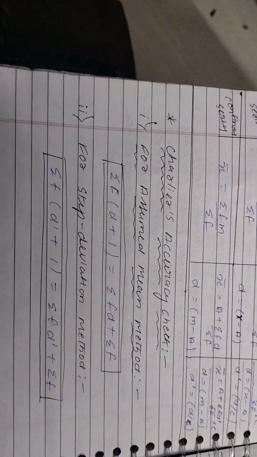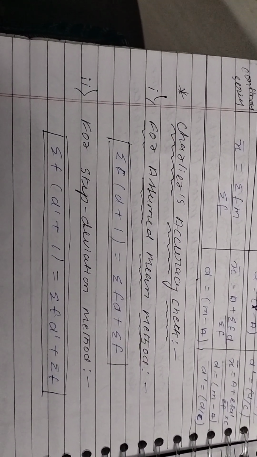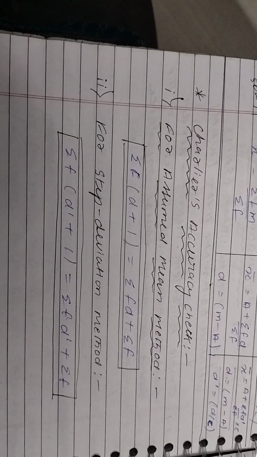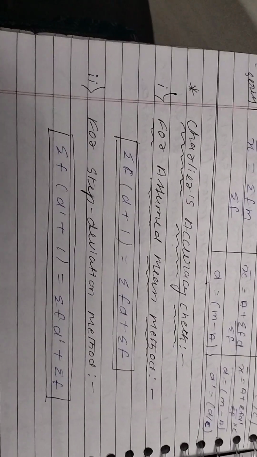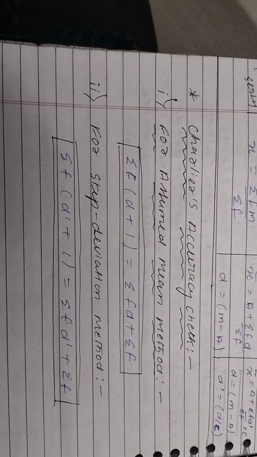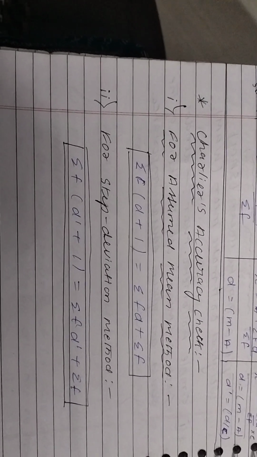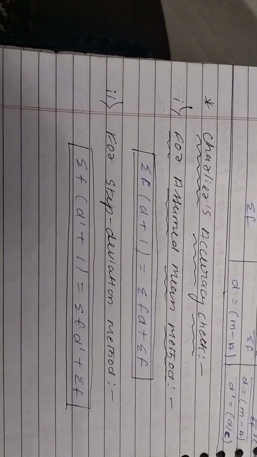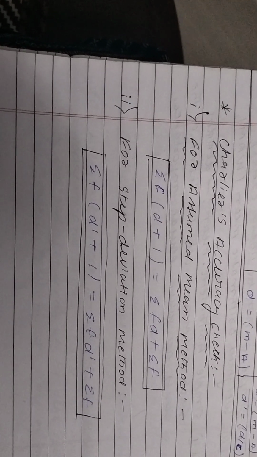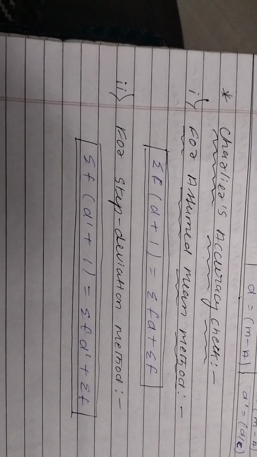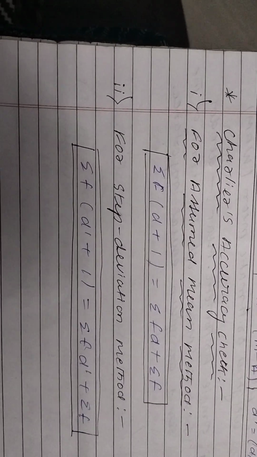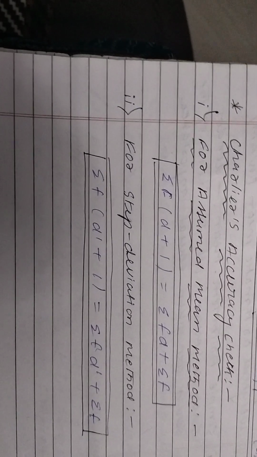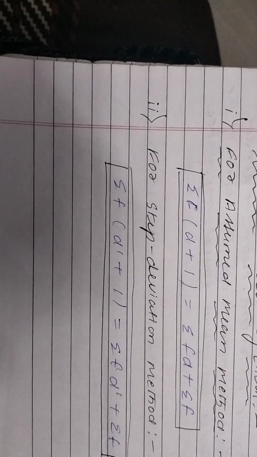Okay, so if you have doubt whether your solution is right or wrong, you can also check by the Charlier accuracy check. Here for the assumed mean method, summation f(d+1) is equal to summation fd plus summation f. It is the same, as you can see that the left side, if you simplify it, is equal to the right side.